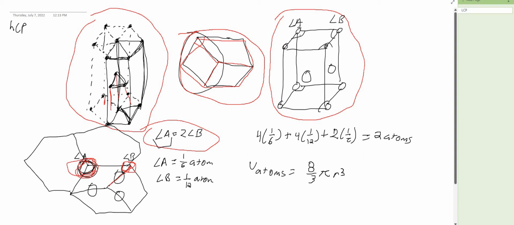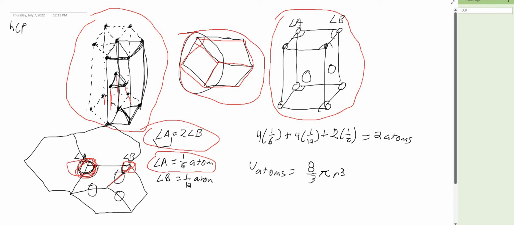So since all these hexagons are repeating, if we look at angle A, we see that it's separated into equal thirds of a circle, but we've also cut that top plane off, so that means in angle A, each atom is 1/6 of an atom.